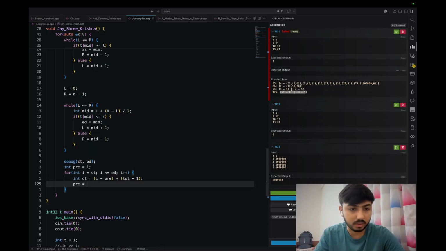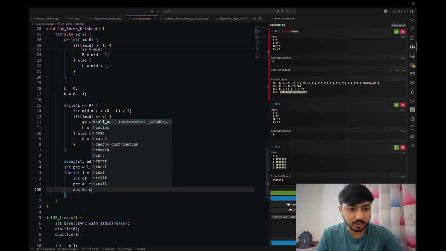Previous is equal to T of i. Answer plus equal to count.